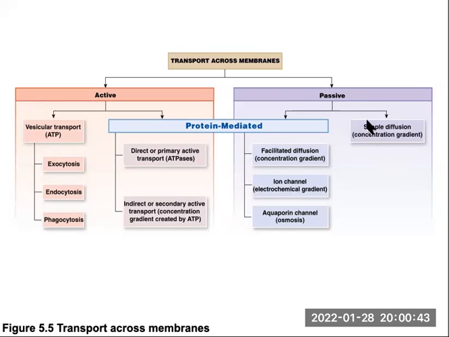While simple diffusion of small particles or nonpolar particles like oxygen and CO2 is always a passive process. And then we also have protein-mediated transport, which can either be active or passive. Okay. And protein-mediated transport can either use a protein channel or it can use a carrier protein.